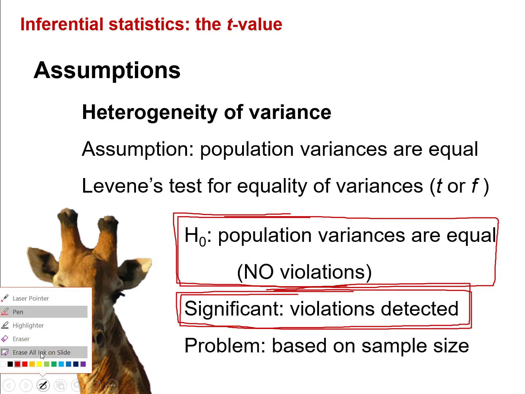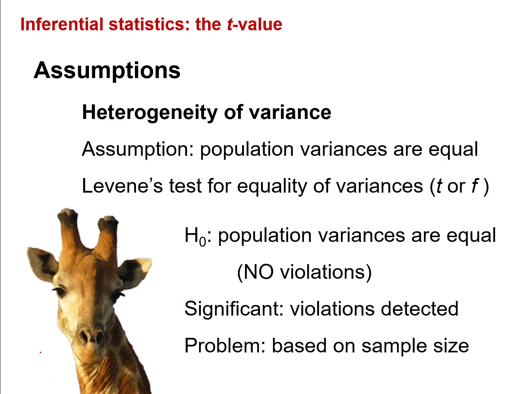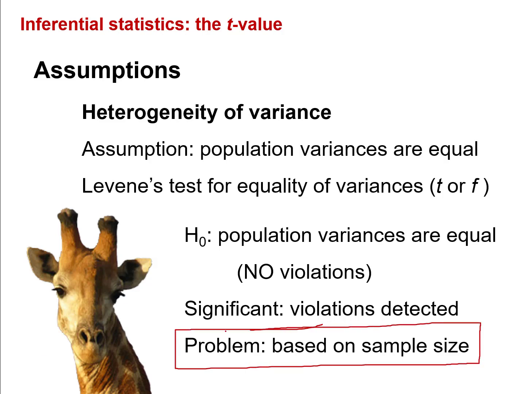Now, notably, this process has a logical problem to it. And that problem is that, as I've said before, when we do significance testing, our results are based on sample size. If we have a big sample, that means results are more likely to be significant. When we do significance testing, we're answering the question, was our sample size big enough to detect an effect?